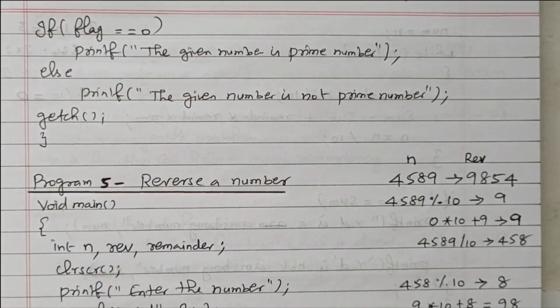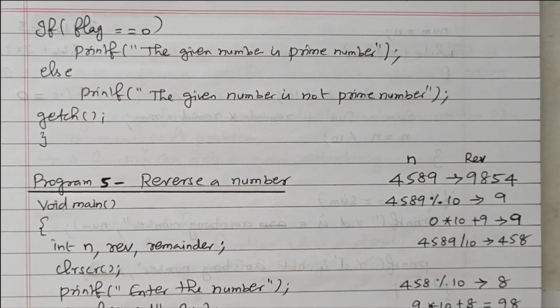So in this video, we discussed how to find whether the given number is a prime number or not. By dividing the number and finding the remainder, we can easily identify. If the remainder is 0, that means it is exactly divided, so that number is not a prime number. In that case, we make the flag equal to 1.